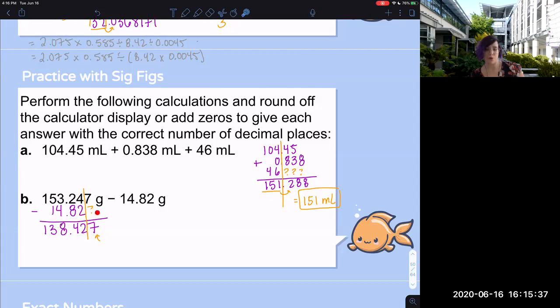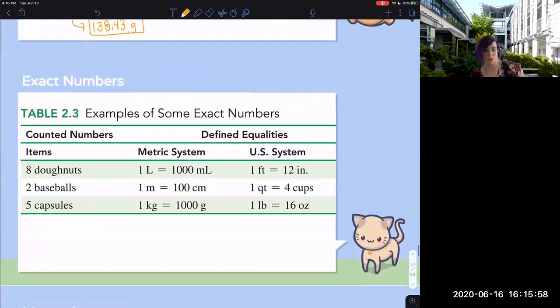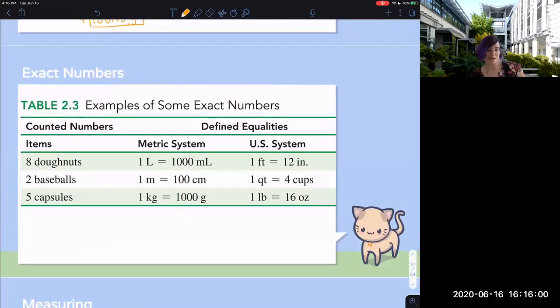And so you have to make sure that you're not writing more than you know in your answer. So my answer here is actually going to have 5 sig figs. And we're going to round that last 3 up. We got a unit there of grams. Okay. So some numbers are exact and they have infinite sig figs.